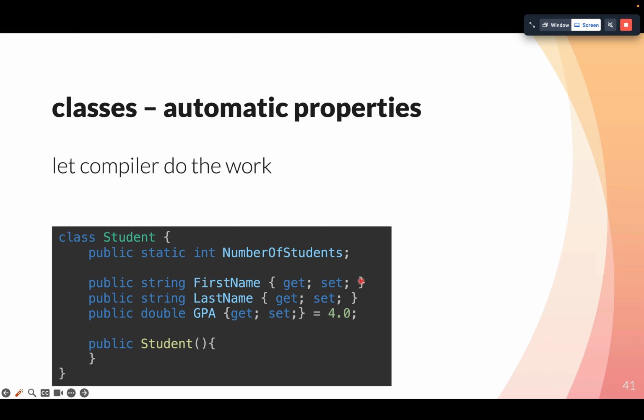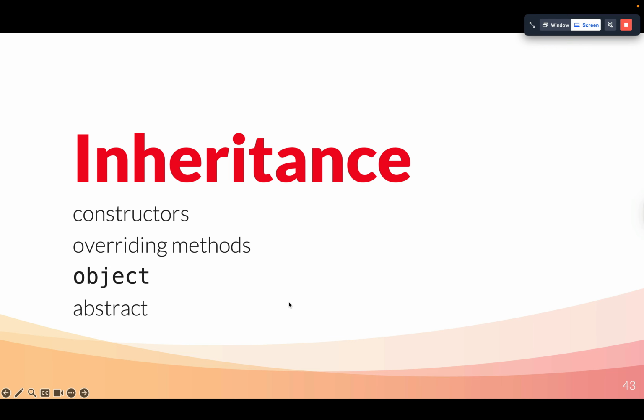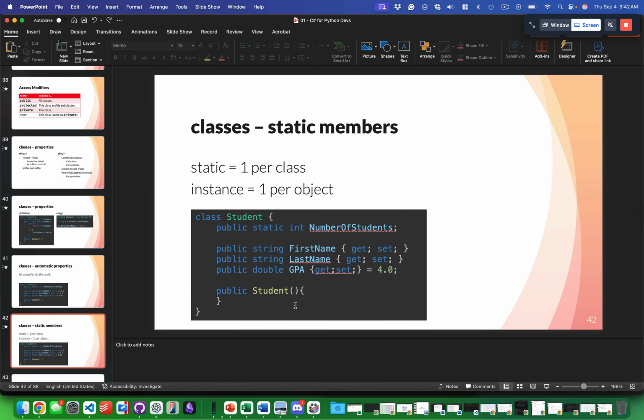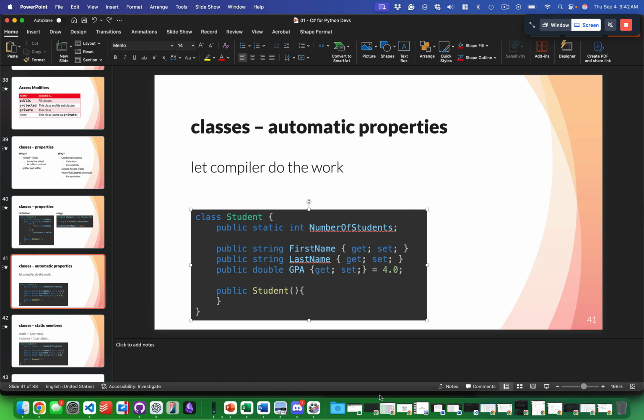Like if you were going to say GPA, let me just do that here. GPA is probably something that we don't want people to set. We want to always compute the GPA based on the student's classes. So you don't just get to say they have a 4.0 GPA, which breaks this.